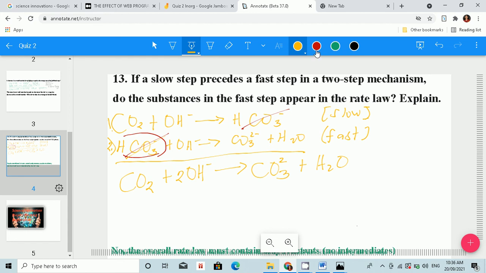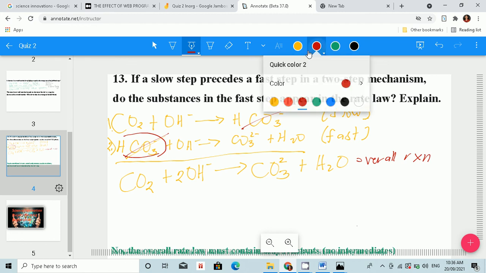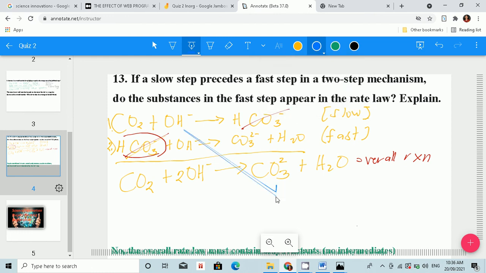So we have our overall reaction. And then when we write the rate law, we base it on the overall reaction.